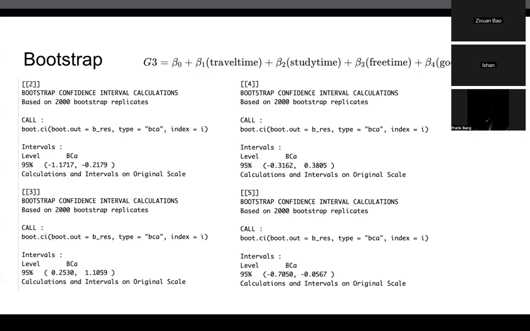And for free time, it is between negative 0.3 and positive 0.3, which is actually not significant in this model. And for the going out with friends time, the slope is around 0.70 to 0.05.